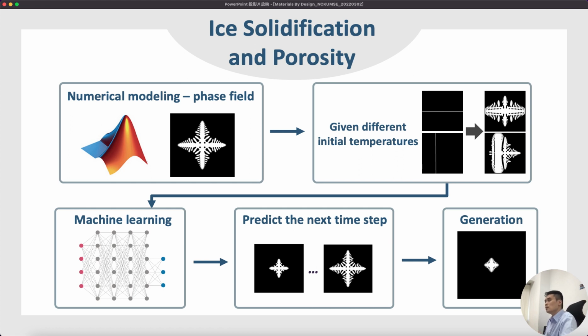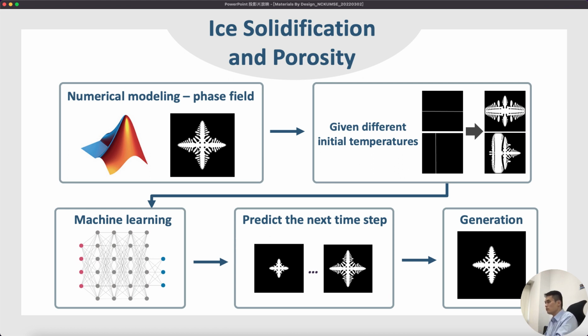So we do get interested in this one. The ice solidification and porosity would be one interesting problem to take a look at before we generate or synthesize materials. As you can see, it's a freezing problem, an ice solidification problem.